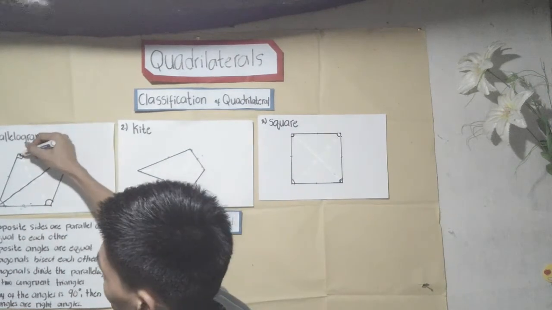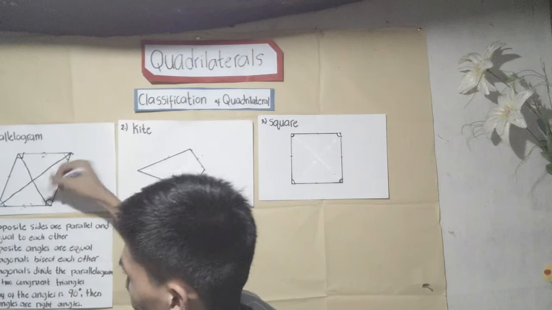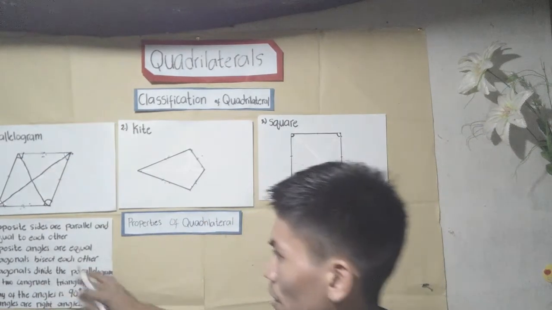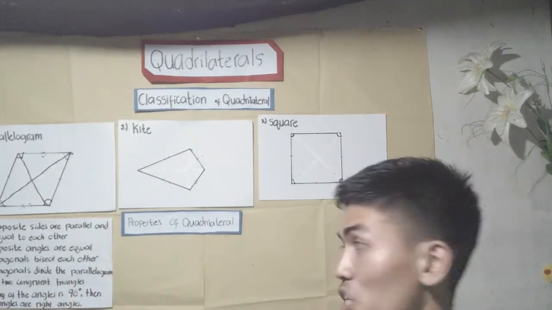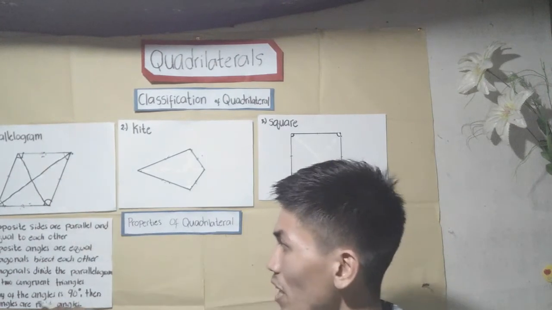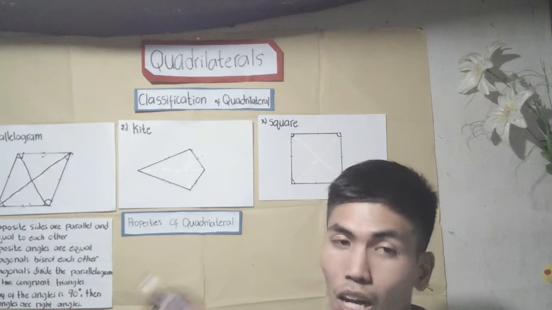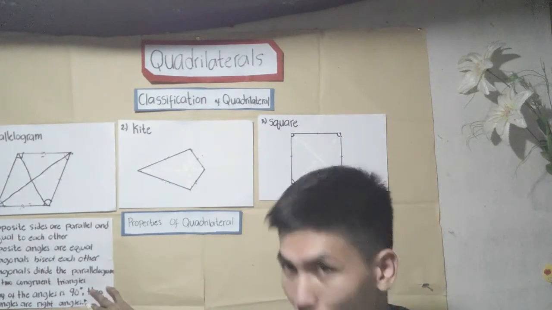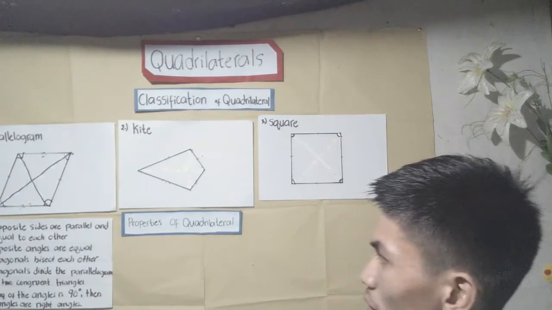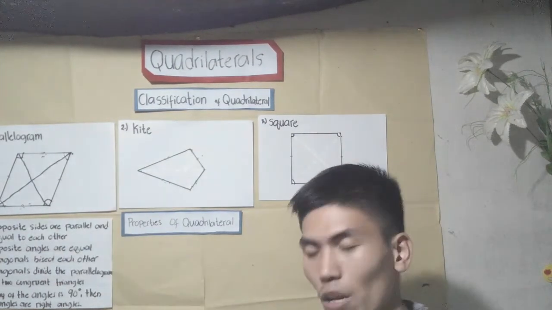Let's put another line here. The diagonals bisect each other. Then if any of the angles is 90 degrees, then all angles are right angles. So that is the properties of a parallelogram.